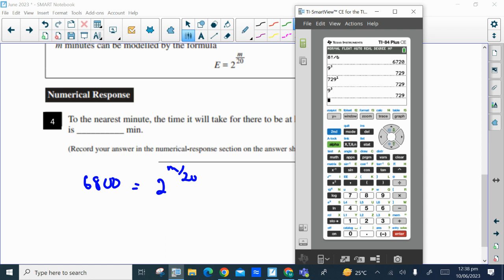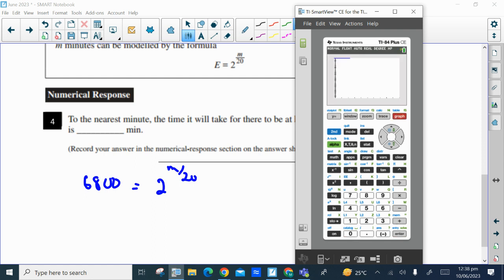That's what that means. So maybe to graph it, I will go zoom 0, zoom fit. Still not quite. We've got to make our x max larger to see the graph of 2 to the power m over 20. Let's make it equal 100 and put a scale of 10.